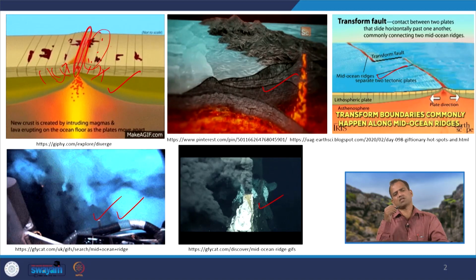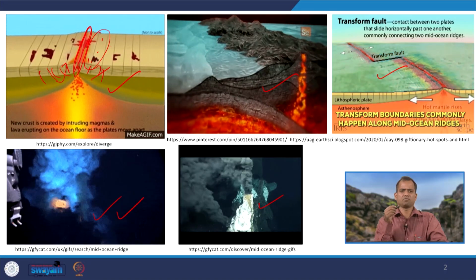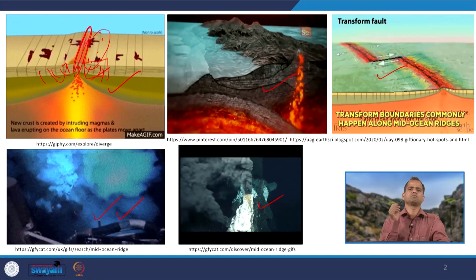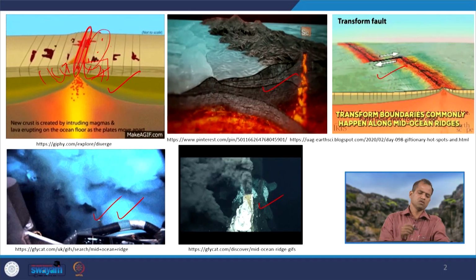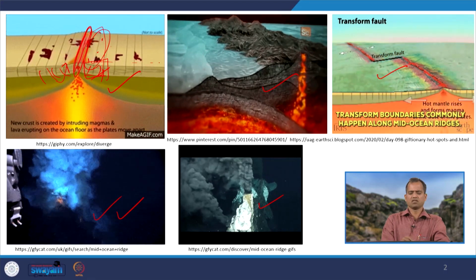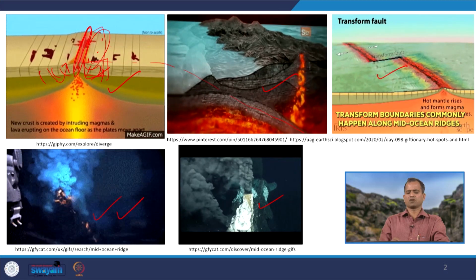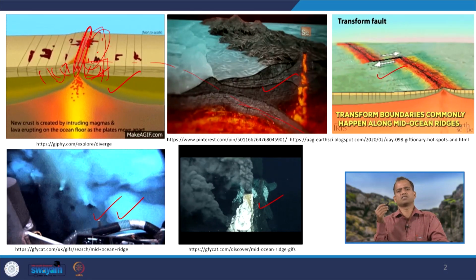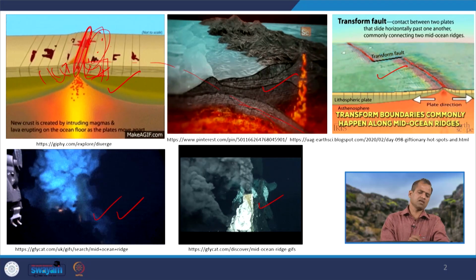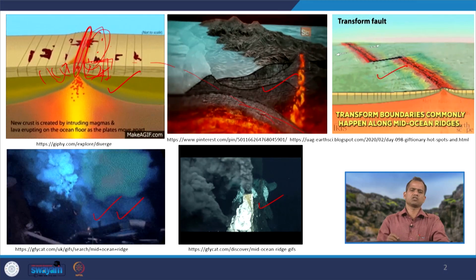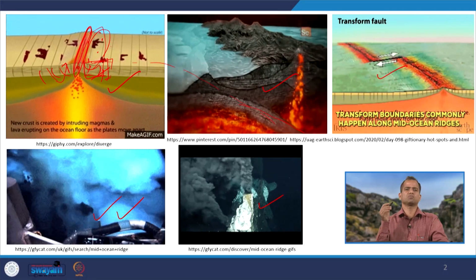But now the question arises: when this happens, can these minerals be extracted near this mid-oceanic ridge? We know that the basalt formed here goes down and subducts here. So there is hardly any chance that these minerals can be extracted, because from the mid-oceanic ridge to the subduction zone, nowhere is it exposed.